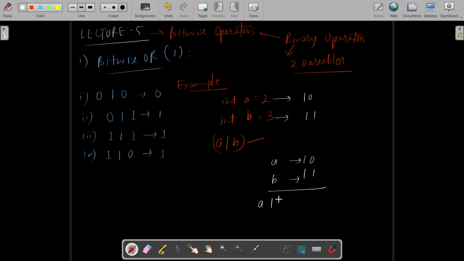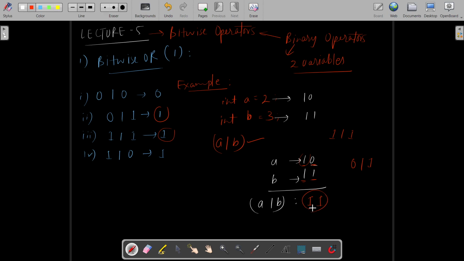In the ones place of a we have 0, but in the ones place of b we have 1. So 0 OR 1, according to the rule, gives 1. In the tens place of a we have 1, and in the tens place of b we have 1. So 1 OR 1 gives us 1, and we get 1 1 as the binary representation.